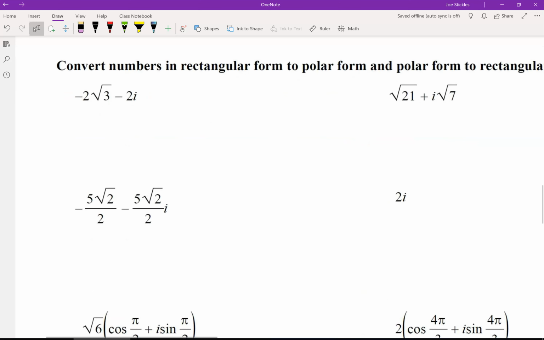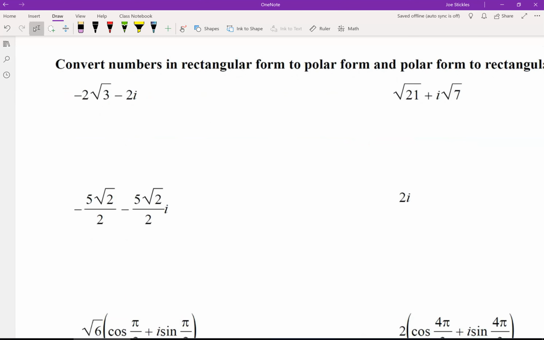So these problems ask us to convert from rectangular to polar or from polar to rectangular, depending on the form of the problem. All right, so this one, these first 4 are all in rectangular form. So this is my x, this is my y, right? So I can figure out what r is. R squared is x squared plus y squared.